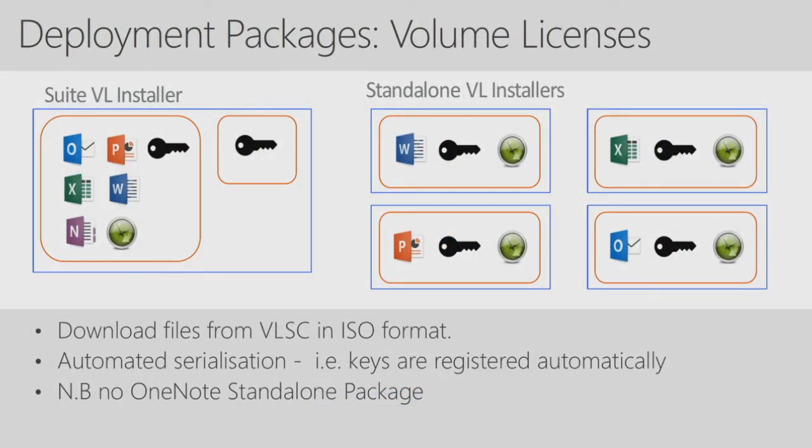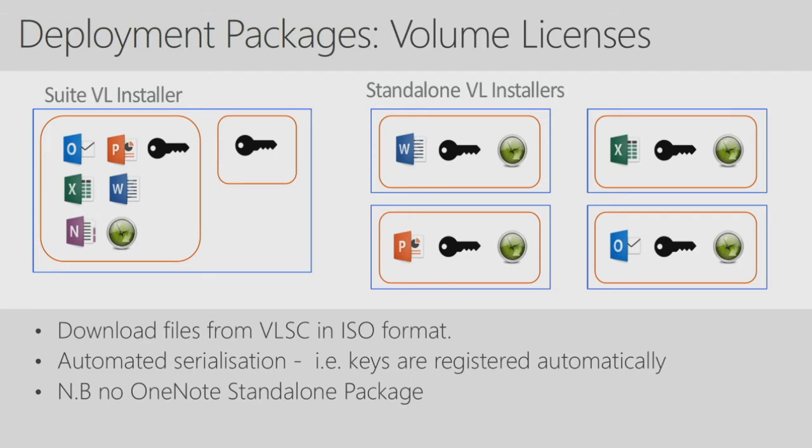So the second way is to look at the deployment packages associated to a volume license agreement. So how many of you here have an enterprise agreement with Microsoft? Okay, that's pretty much everybody. So you'll be able to tie your licensing for the Suite actually to that agreement.